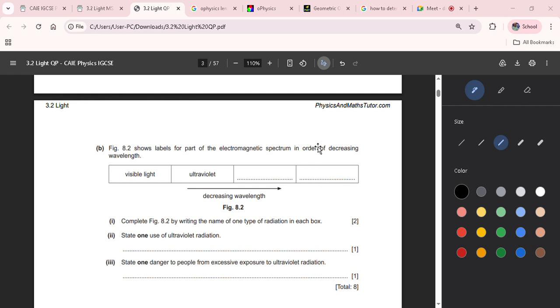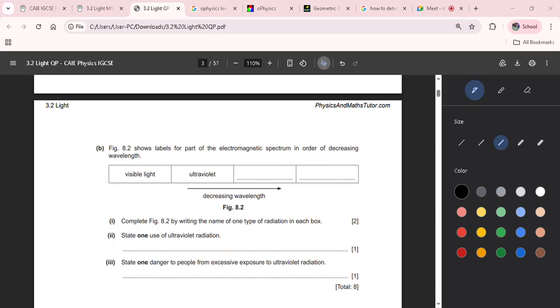We started from this just now, right? And then going to X-rays and gamma rays. Okay, so this is the electromagnetic spectrum.